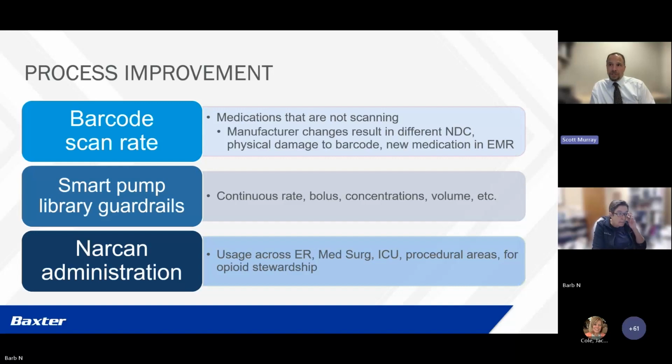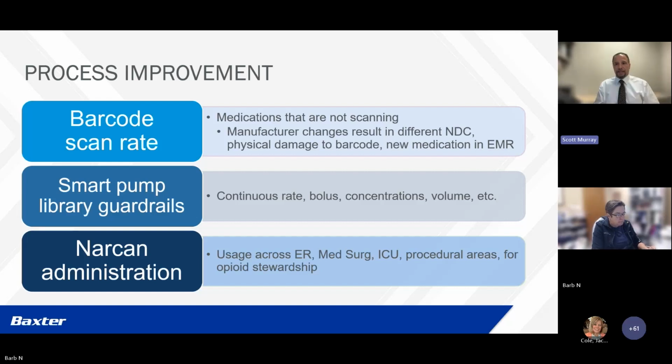Okay, barcode scan rates. Think with this, not only the regulatory, we want to get our BCMA, of course, greater than 95%, but we obviously want that for the safety, that we have the right drug going to the right patient at the right time. And also with the barcoding and working with pharmacy, as in our facility with our medication safety, we have the drop downs when that doesn't work.